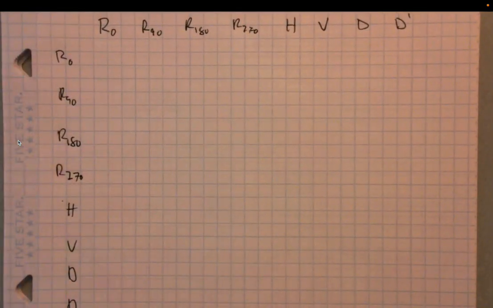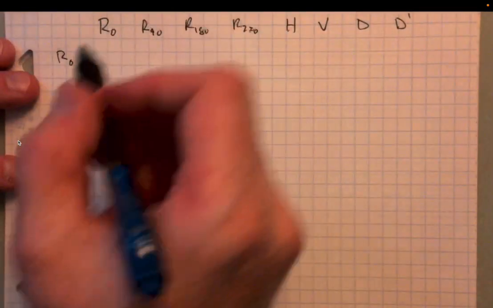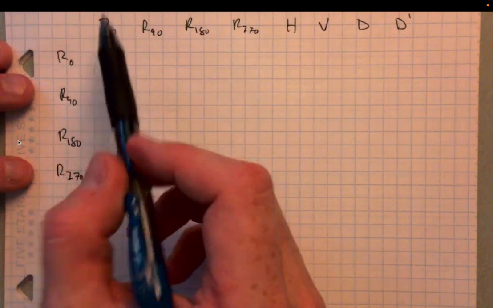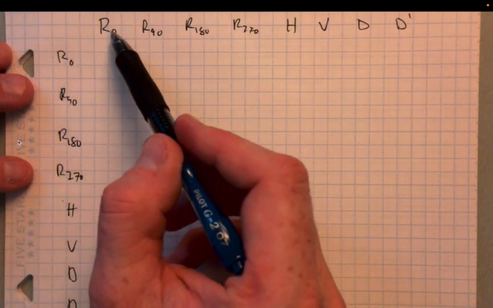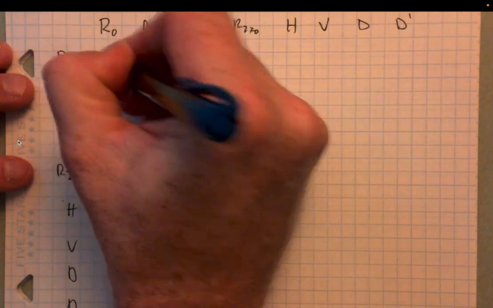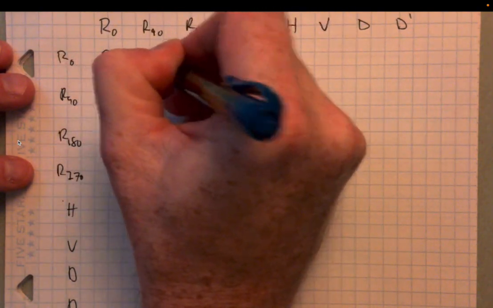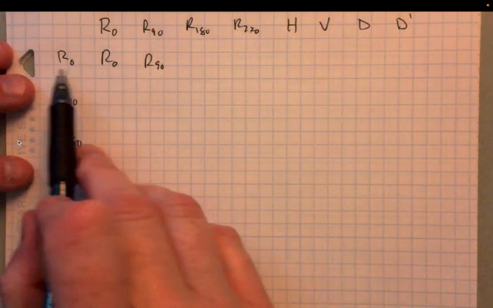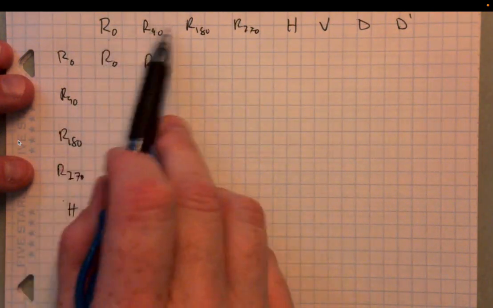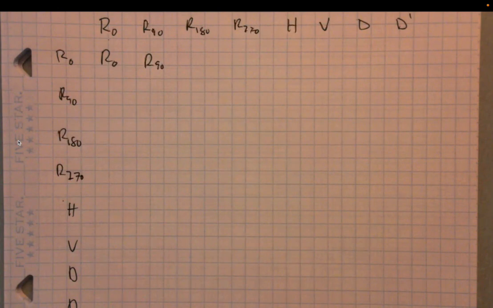Okay, and so the idea here is that if I do an R0 followed by an R0, I get R0. If I do an R0 followed by an R90, I get an R90, right? And so the first row is really just everything composed of an R0. Hold on, let me make sure that I've got the order right here. So H followed by R90.